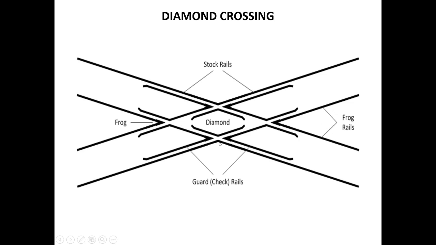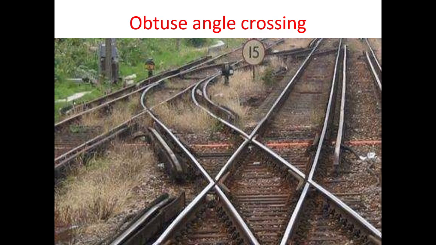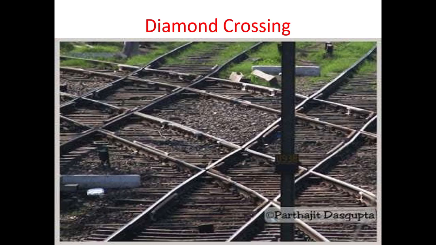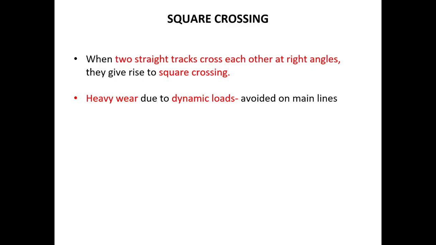It forms a diamond, so it is called as diamond crossing. Okay, clear?